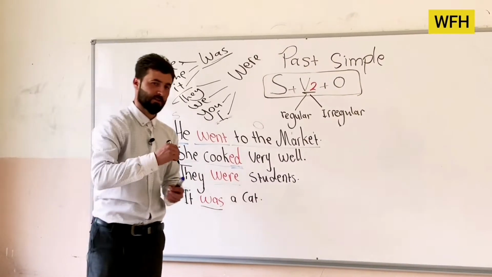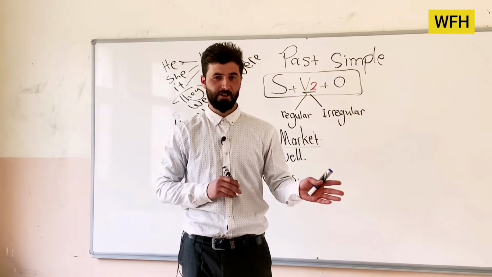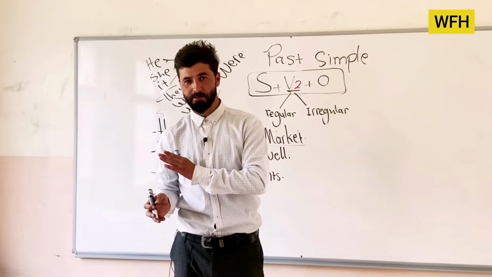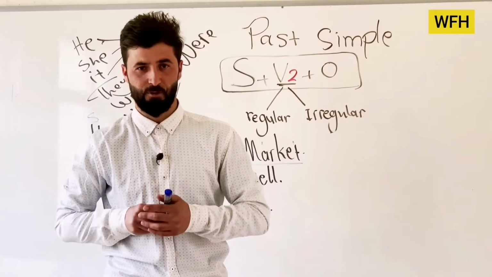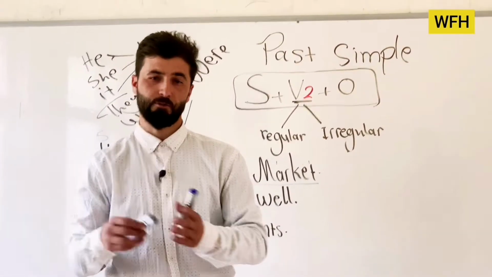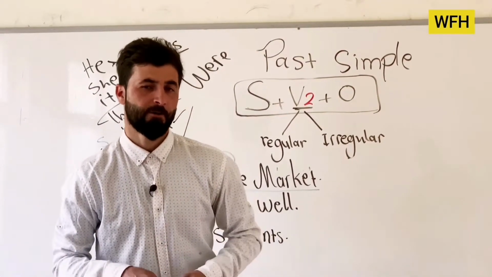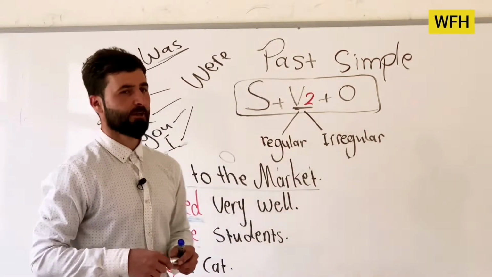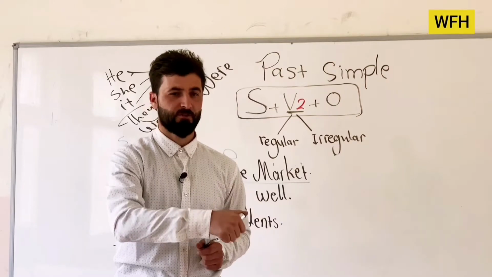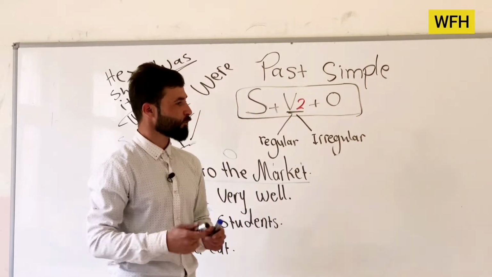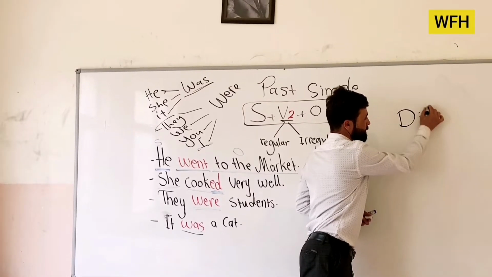In the previous lesson, in the simple present, we talked about do and does. They are auxiliary verbs. They are used for negative forms in the present simple, and also for making questions. But what do we need here for past simple? Of course we will need did.